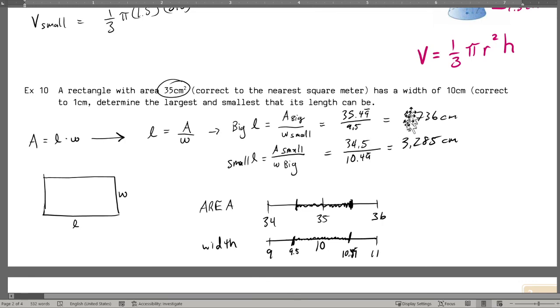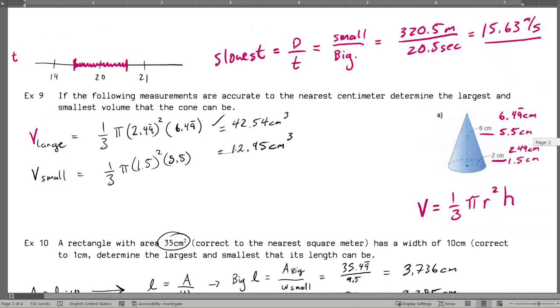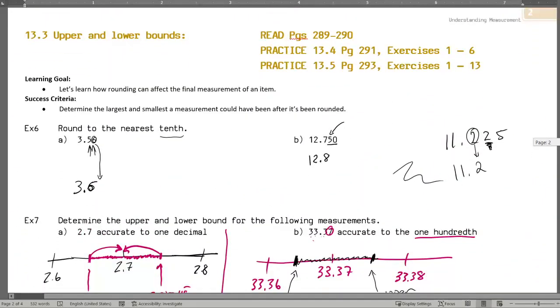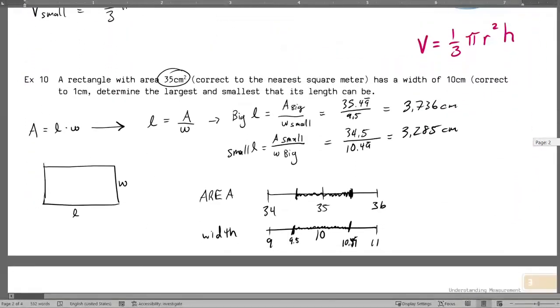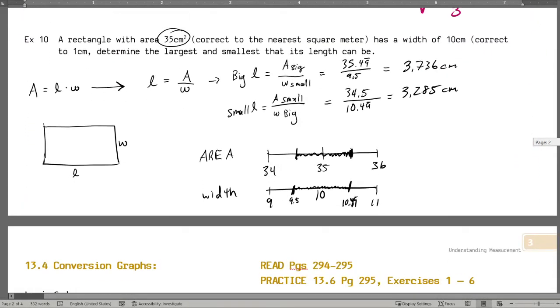The actual length of the rectangle could be anywhere from 3.28 to 3.736. So that's upper and lower bounds. You'll see some practice questions there. I'll also look at the next one, which is conversion graphs.